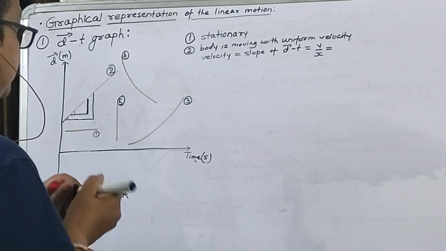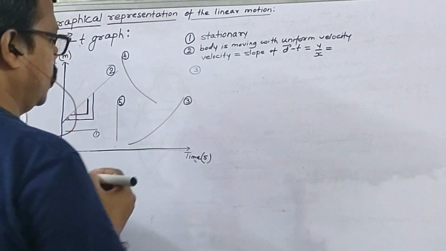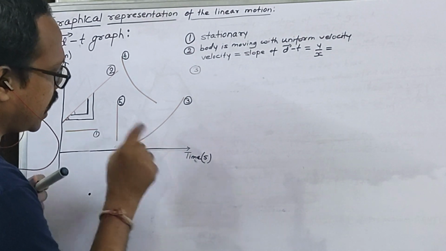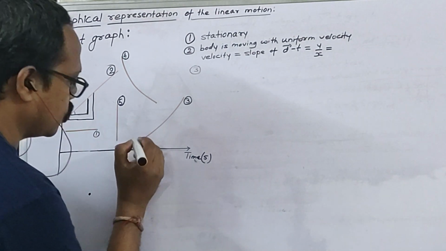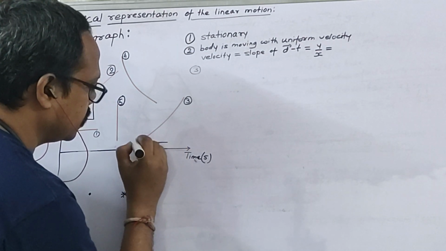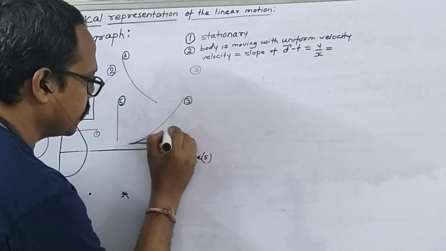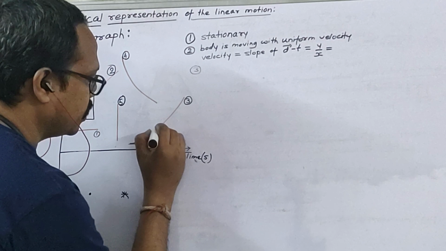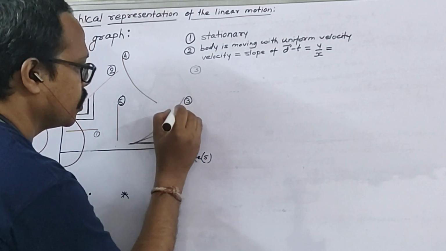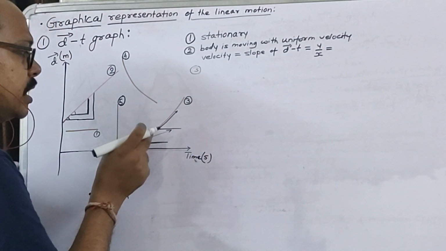So let us comment on graph number 3. What can you say? The slope of the graph is changing. How to calculate the slope? At this point you can see the tangent is in this direction. At this other point, you see the tangent is in this direction. So at various points the velocity is changing.